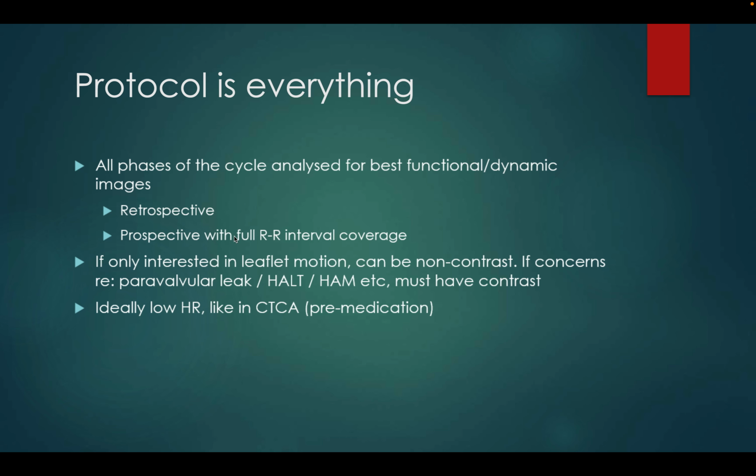Do not use pulsing, because otherwise this will reduce the exposure and lead to very high metal artifacts and an inconclusive CT scan. In order to reduce the radiation dose, you may decrease the field of view around the aortic valve.